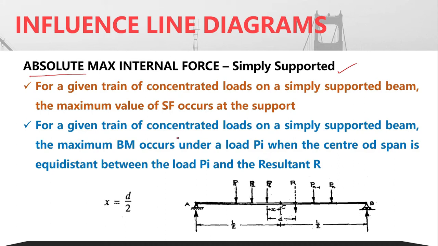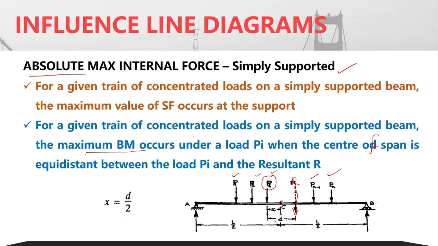Now, if you want to find the maximum value of bending moment, if you have a train of loads, it will occur under a load Pi when the center of span is equidistant between the load Pi and the resultant R. That means if I have a series of loads like this, I find the resultant of these loads, and in order to find the maximum value at this corresponding Pi position, I place the train of loads in such a way that Pi and R are equidistant from the center.